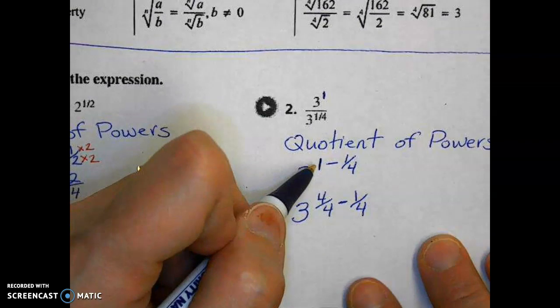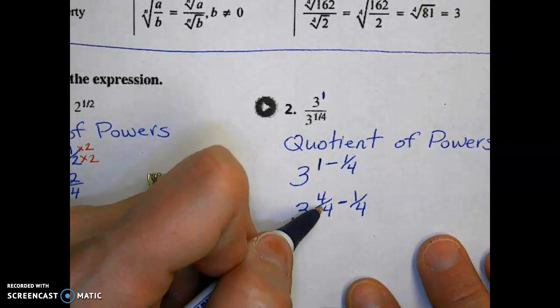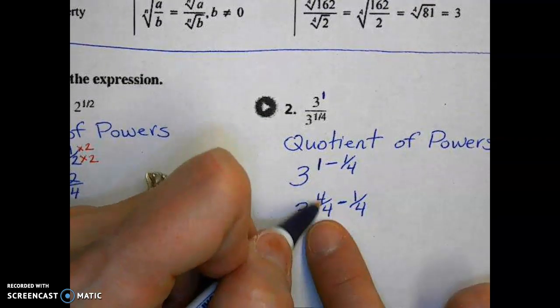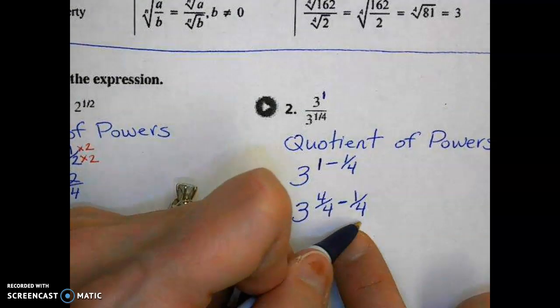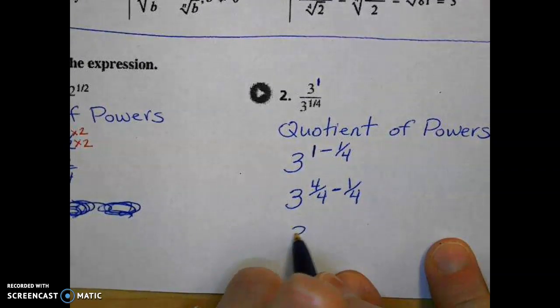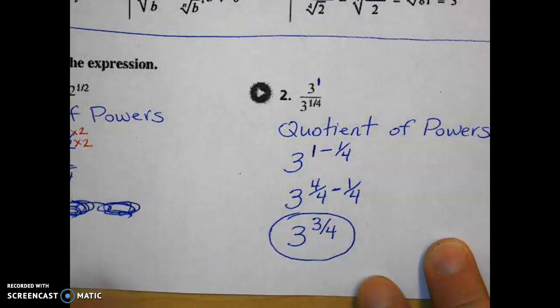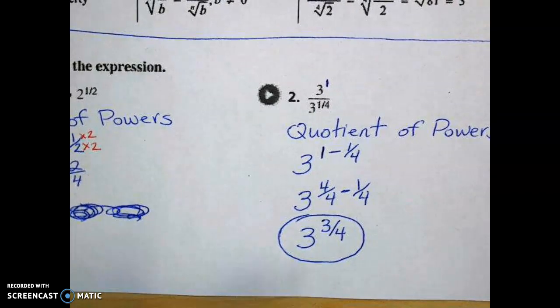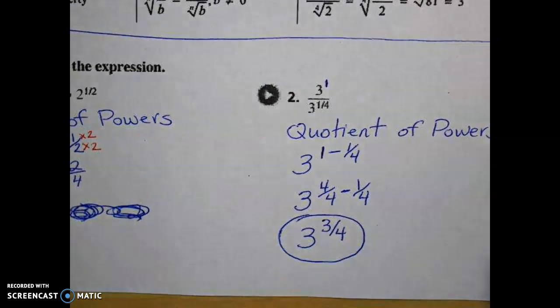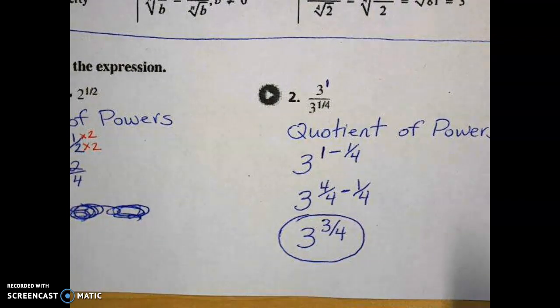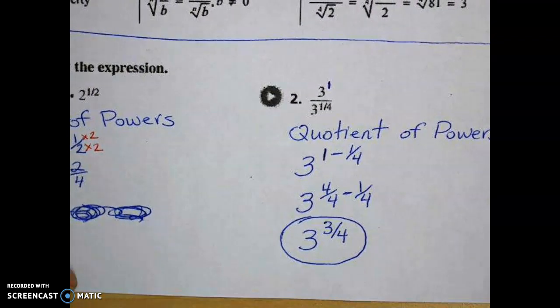I want to make a common denominator 4. So 4/4 minus 1/4. So I'm getting 3 to the 3/4 power, and then I'm done. Because it doesn't say solve again. I don't need to grab my calculator. It just said simplify. So that one's done. It's just like simplifying these as much as you can using the rules.